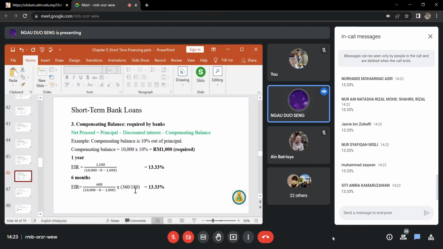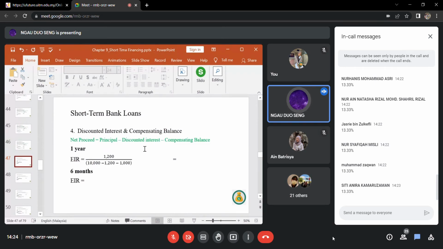So kalau question bagi dalam hari, days, then we are using 360. If for this question they have given you month, so kita guna 12. But this one is we are using 1 year equal to 12 months, 1 year equal to 360 days. Alright, this one depend. If month, then we are using 12. If day, we are using 360. So the answer will be the same lah.